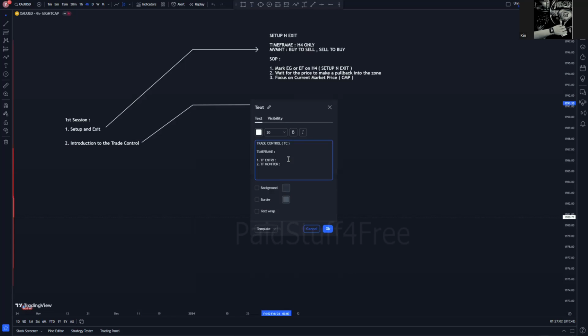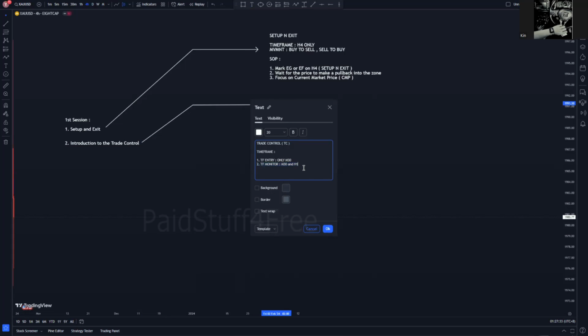The time frame for entry is going to be only M30, just M30. And the time frame for us to monitor is going to be M30 and H1. In this first session and the second session, I am not going to discuss the time frame for monitor yet, because I am going to discuss it in our third session.